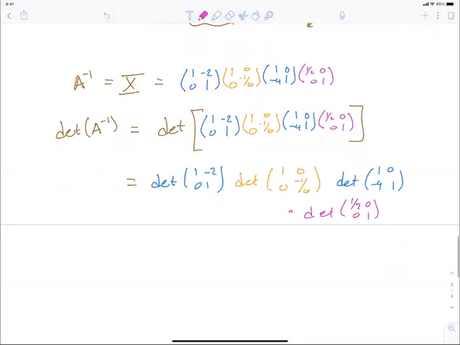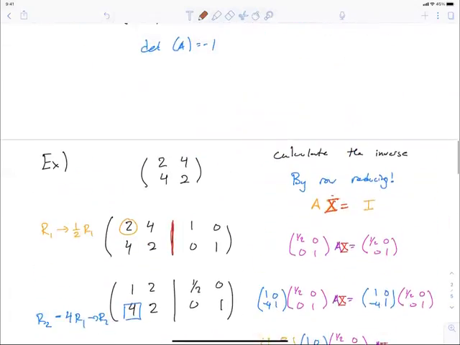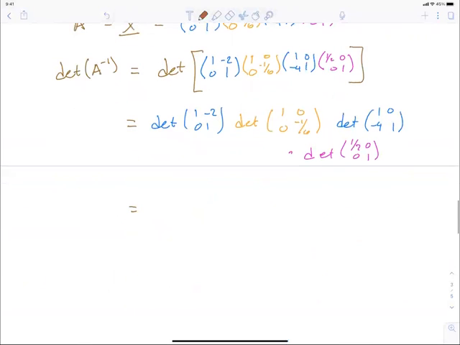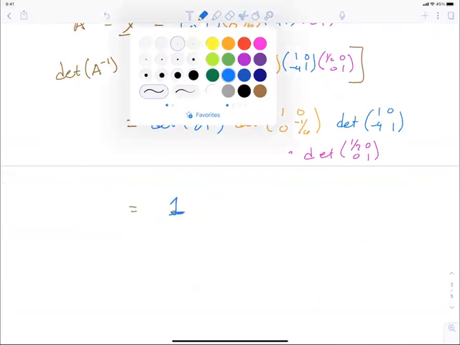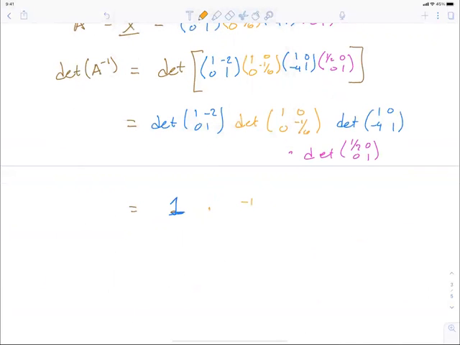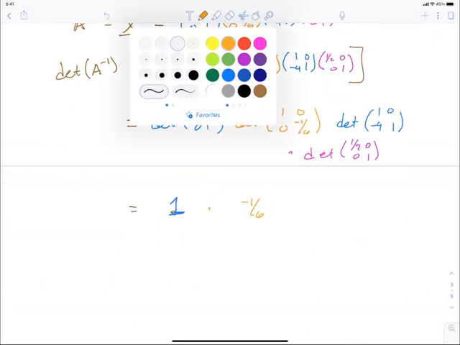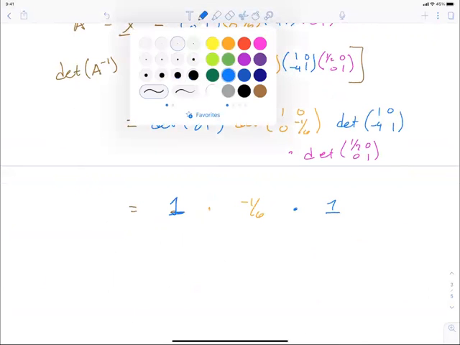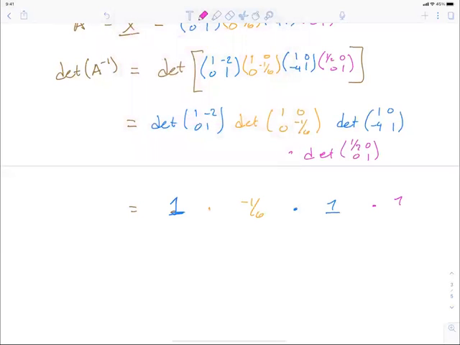And so we now know the determinant of A inverse. We now know the determinant of those individual 2x2s because they're just elementary row operations, and we know that they have very nice and easy determinants. So these determinants are going to give us 1 times minus a sixth times 1 times 1/2.